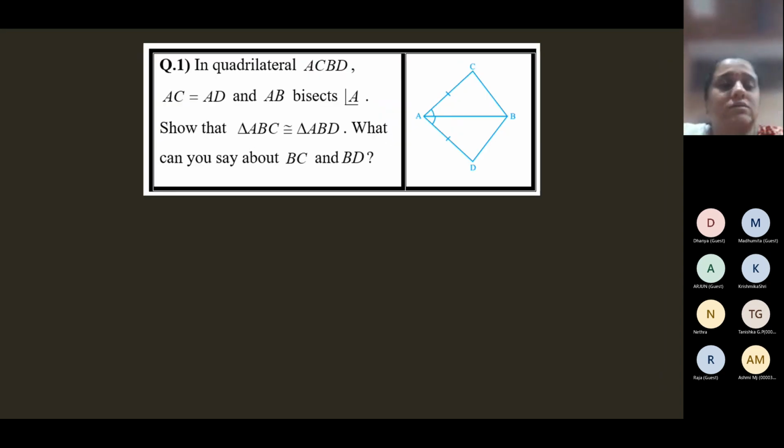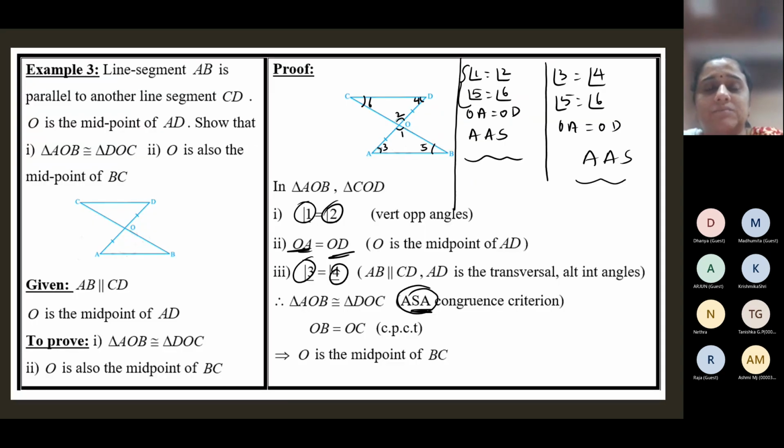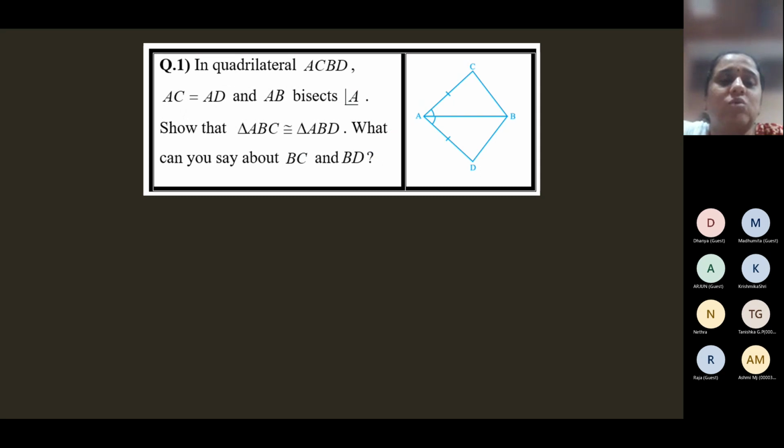So here in quadrilateral ACBD, everybody, is it over? Should I wait for anyone? Okay. So in quadrilateral ACBD, you can see here AC is equal to AD.